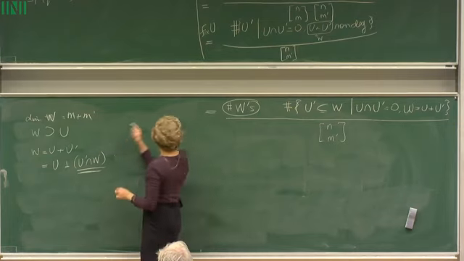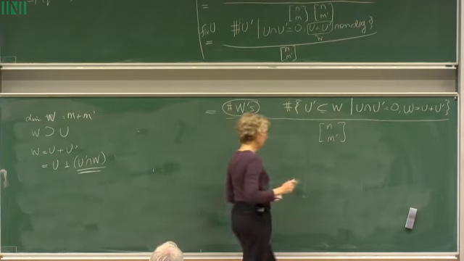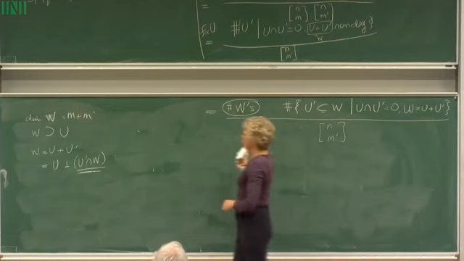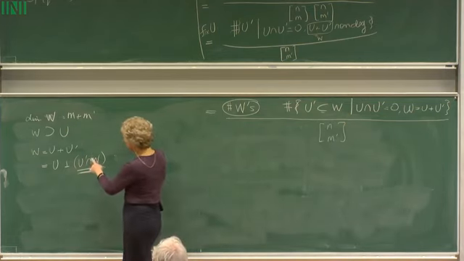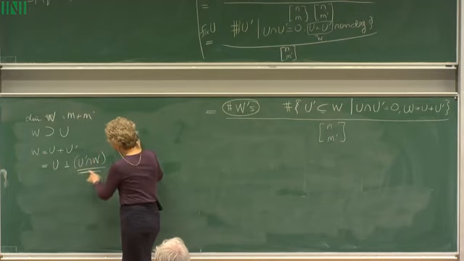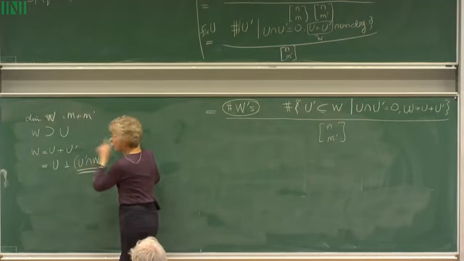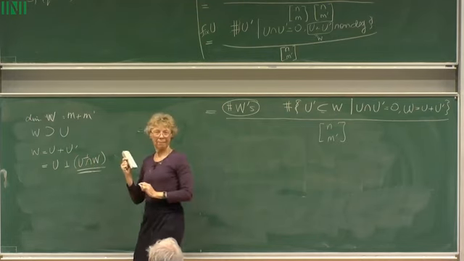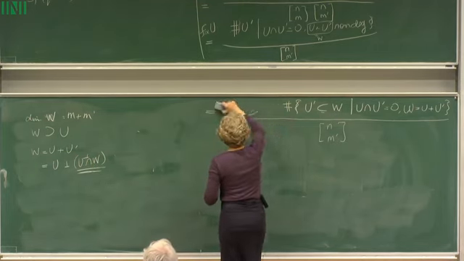And so the number of W that we get here is the number of M prime subspaces of U perp.